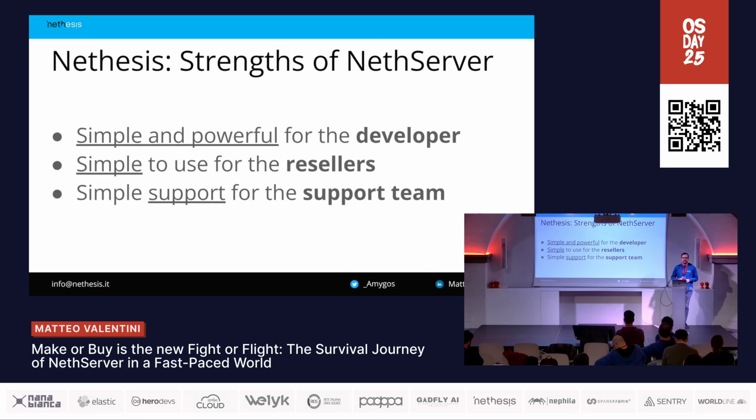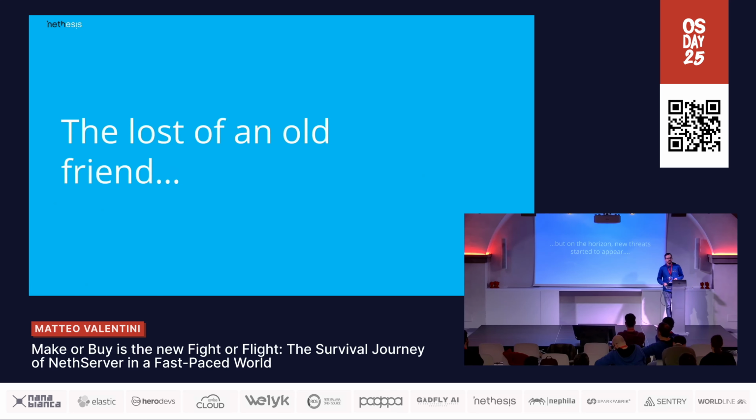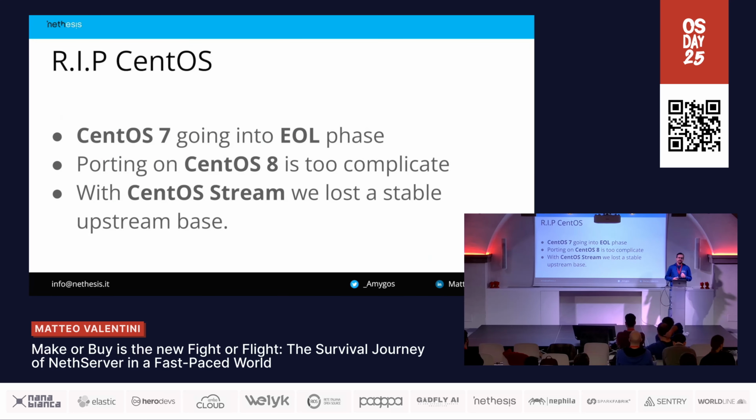All this was the situation around 2018, then something started to change. On the horizon, new threats started to appear. First of all, there is the loss of an old friend. Because CentOS 7 was put in end of life by Red Hat, we know that we can't count anymore on a stable base.